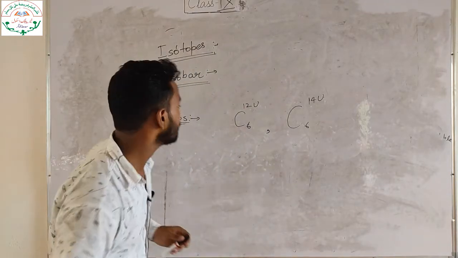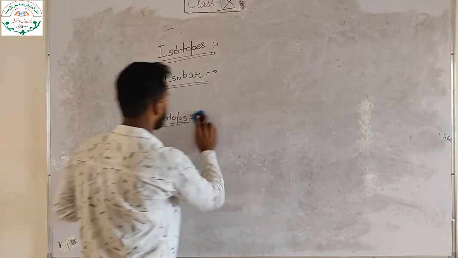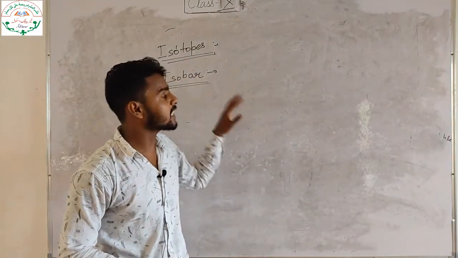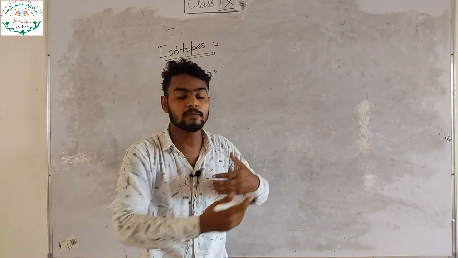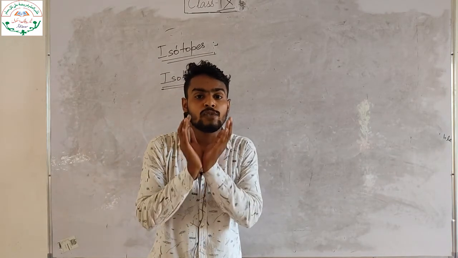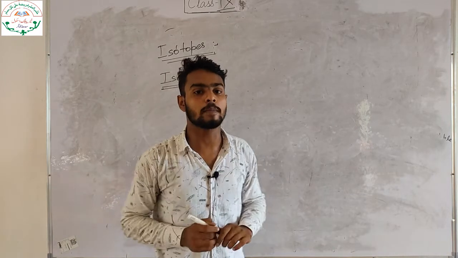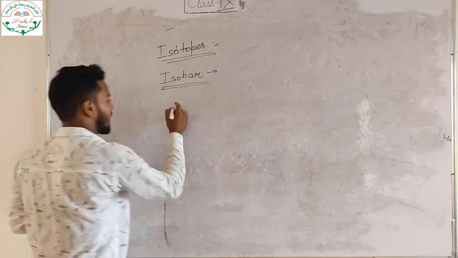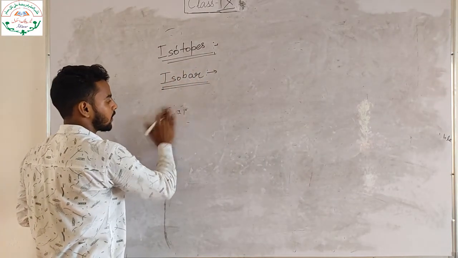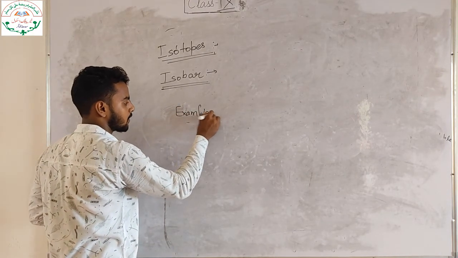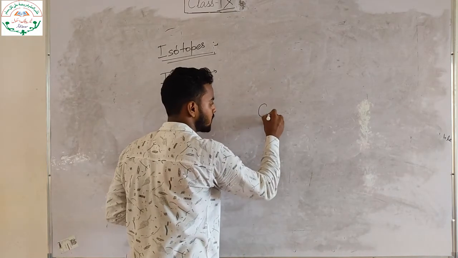Now we are going to know about isobars. What is an isobar? It is just the opposite: those elements which have the same atomic mass but different atomic numbers. Let's take an example: calcium and argon.